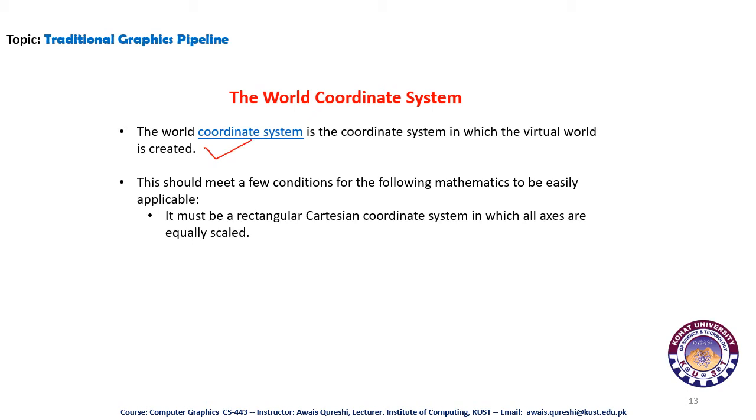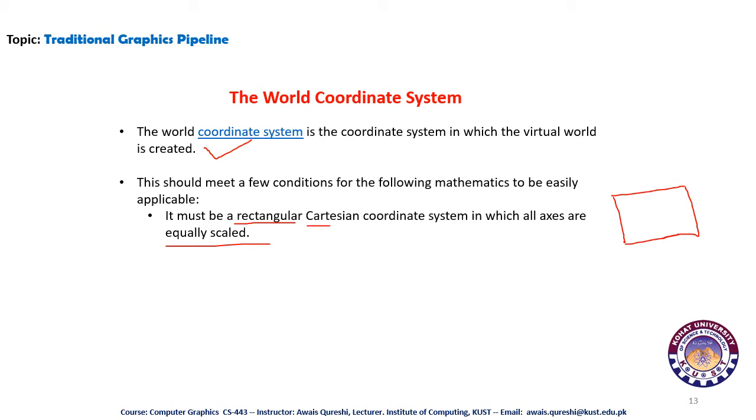This should meet a few conditions for the following mathematics to be easily applicable. It must be a Cartesian coordinate system, that is rectangular, in which all axes are equally scaled. Okay, because in a rectangle, all axes are of the same scale.